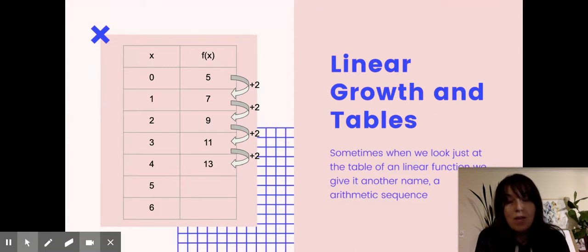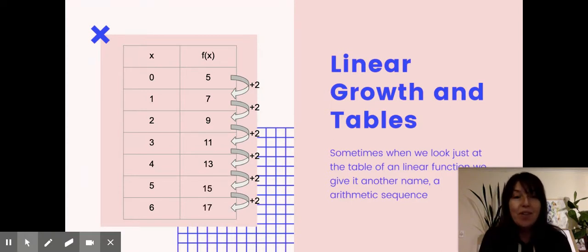What do you think? What pattern do you notice? What will we get for our input of 5 and our input of 6 if we follow the pattern plus 2, plus 2? Hopefully you said 15 and 17. And if you're not sure, this is the part you're taking notes on.